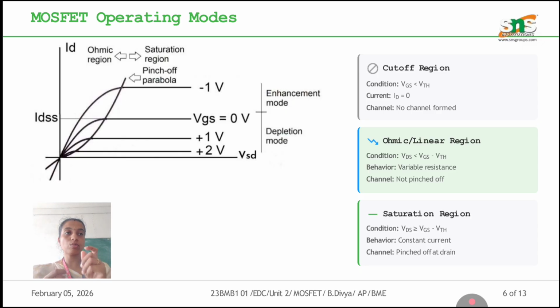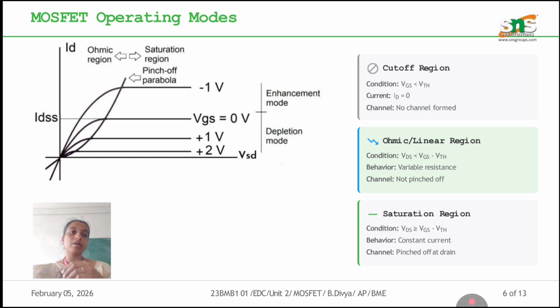In the cutoff region, ID is equal to 0, VGS is very less than VTH, that is the threshold voltage, and no channel is formed. We have two types of mode here, depletion mode and enhancement mode, with depletion channel and enhancement channel. In the cutoff region, we don't have any drain current, ID will be 0, so no channel is formed.